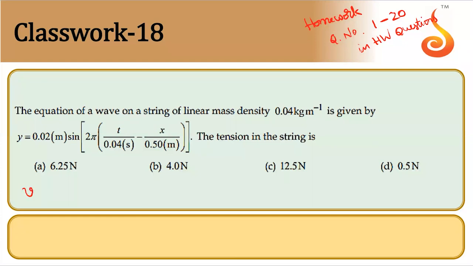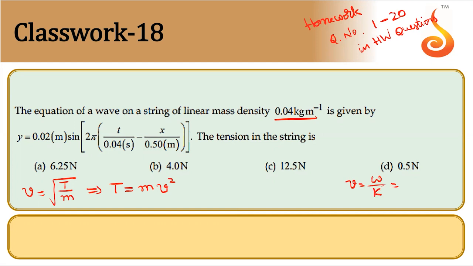Coming back to the problem. Velocity of a wave in a string is given by root of T by m, where m is linear mass density. They have given it. So if we square on both sides, we get tension is equal to m into v square, where v is velocity. And velocity can be written as omega by k.